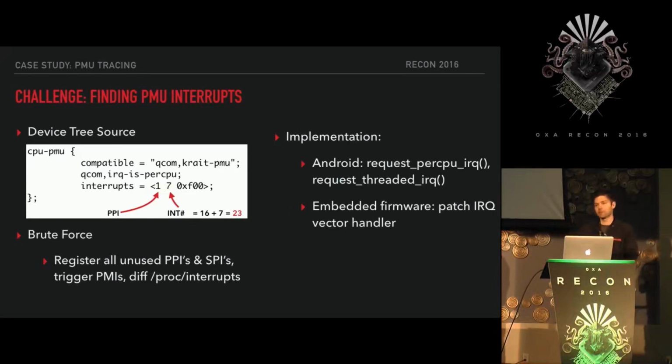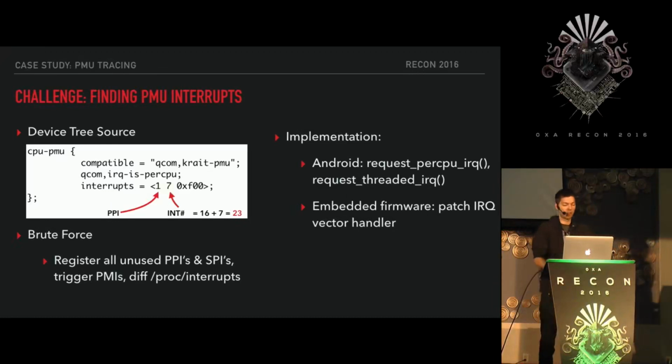The first value is the type, which tells us whether it's a shared or private peripheral interrupt. In this case, it's private. And the interrupt number is like the offset. From our last slide, we know that the private interrupts start at offset 16. So we can do the math and come up with 23, which matches the ARM spec. The problem is not every device uses the PMU, even though it's there, so you're not always going to find something like this in the device tree source.